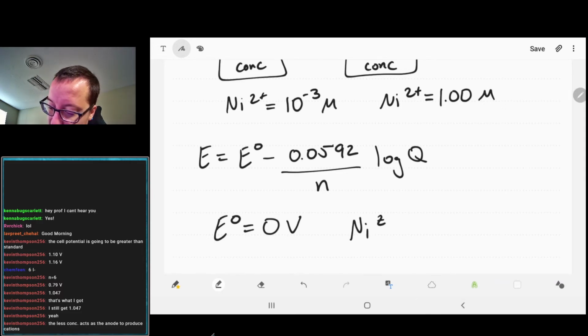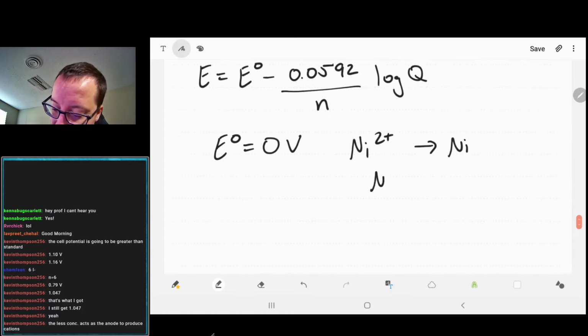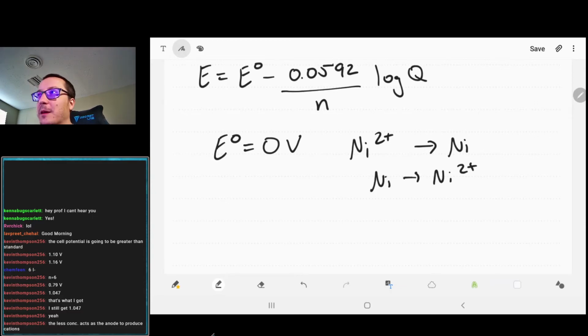Why do I keep writing Z up there? We're going to essentially have some nickel that's going to be plating itself, and some nickel that is going to be becoming oxidized, right? So some nickel will reduce itself.